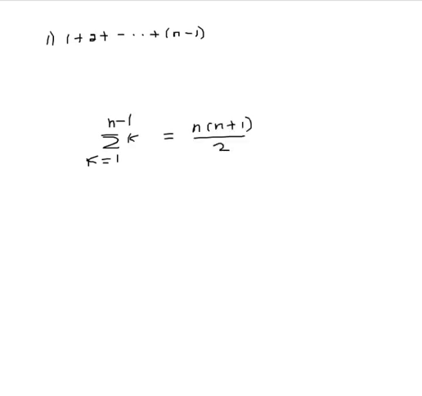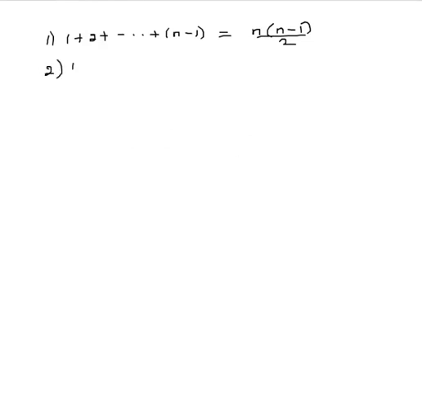But here the last term is n minus 1. So put n minus 1 in place of n. Therefore, the formula becomes (n minus 1) into (n minus 1 plus 1), which is n, by 2. Therefore, the formula is n into (n minus 1) divided by 2.